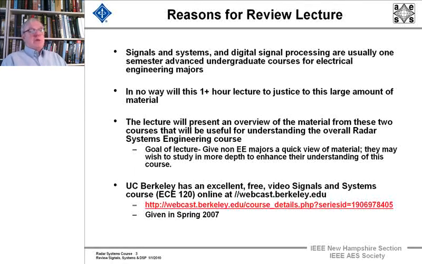Many people do their PhDs in digital areas of signal processing, which has gotten to be an extremely complex subject matter. And so in no way can I do justice to the huge amount of material one would like to know, or to the material you should really know.